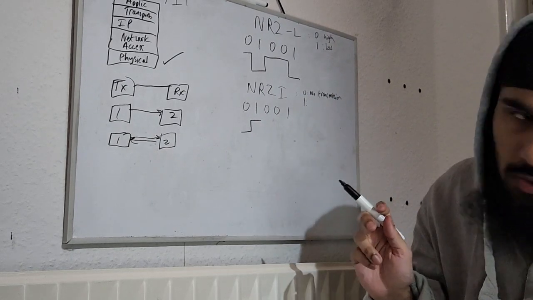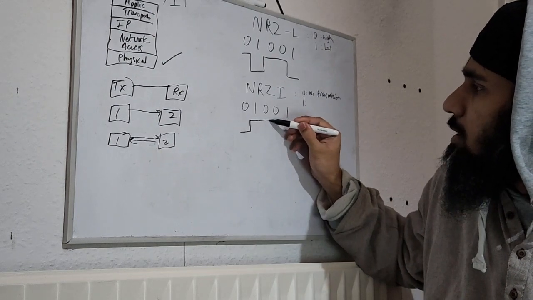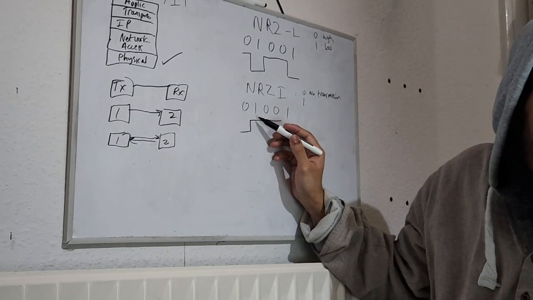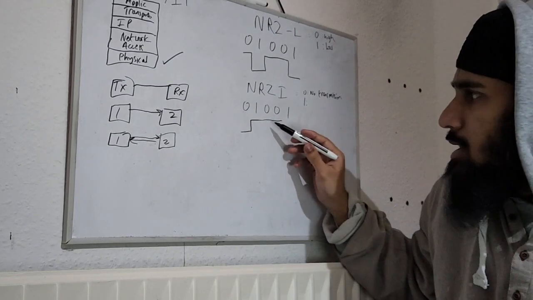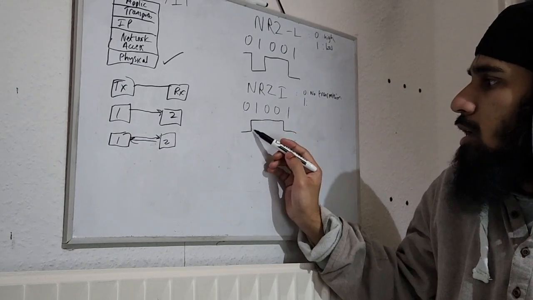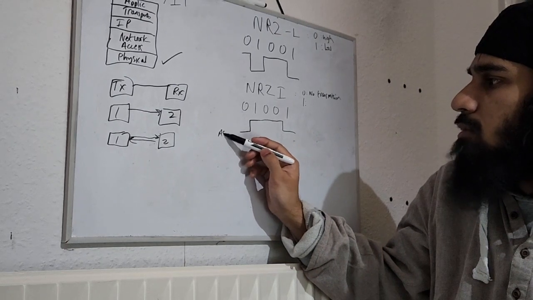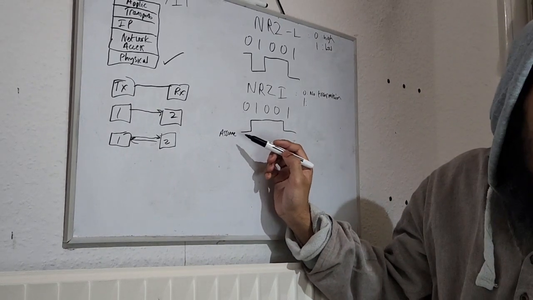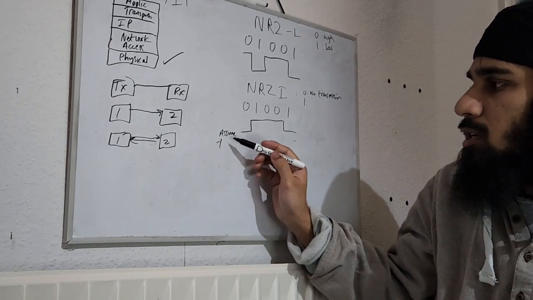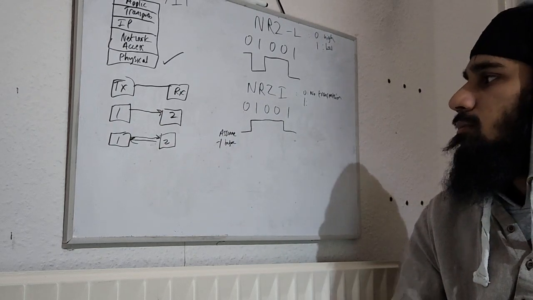When it's 0, there's no transmission, so it just stays the same. When it gets to 1, because here it was high and now there's a 1, it becomes low. Why did this go high when it's a 1? Because we assume that before, it had already done a transition on a previous 1.